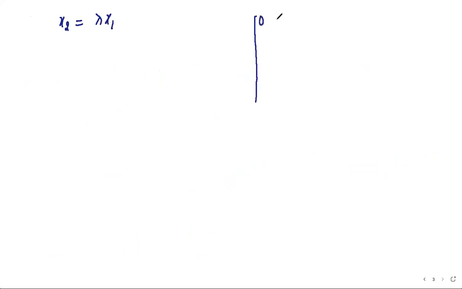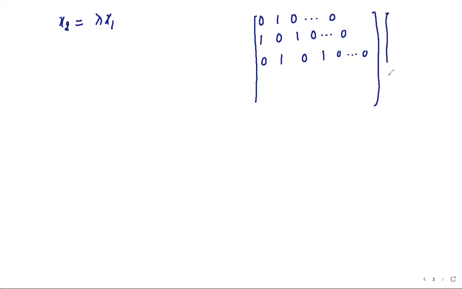The first row will be 0, 1, 0, and all the remaining entries 0. The second row will be 1, 0, 1, 0, and so on. The third row will be 0, 1, 0, 1, 0, and so on. This is how the adjacency matrix of path Pn looks.